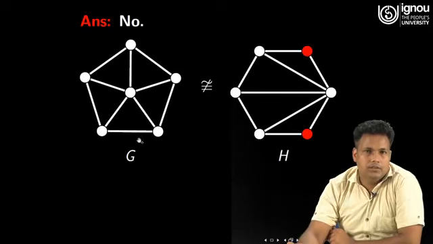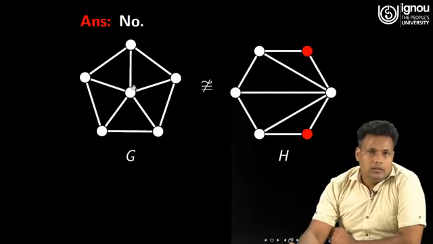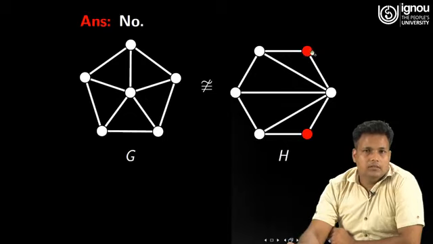Just look at the graphs G and H. Both have the same order. The 6 vertices are there, and the same 6 vertices are also there. They have the same maximum degree. The maximum degree of G is 5 and the maximum degree of H is also 5, right? But you can see that there is no vertex of degree 2 here, and there are 2 vertices of degree 2 here.